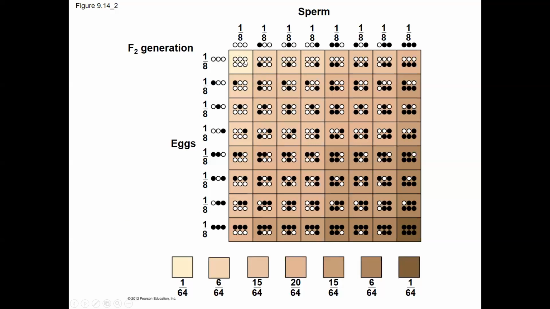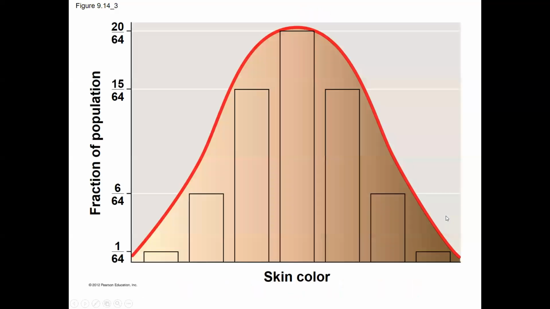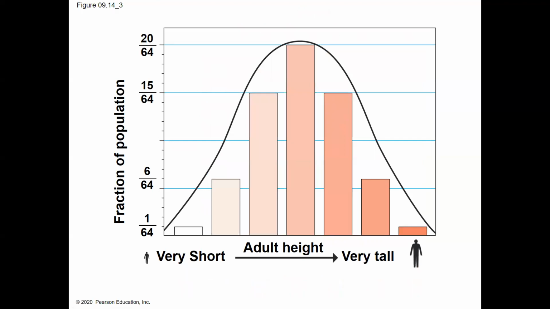So depending on if you get more that are light colored or more that are dark colored, then you're going to have a skin color that represents that additive effect. So skin color is polygenic. Another example would be height. Height works the exact same.